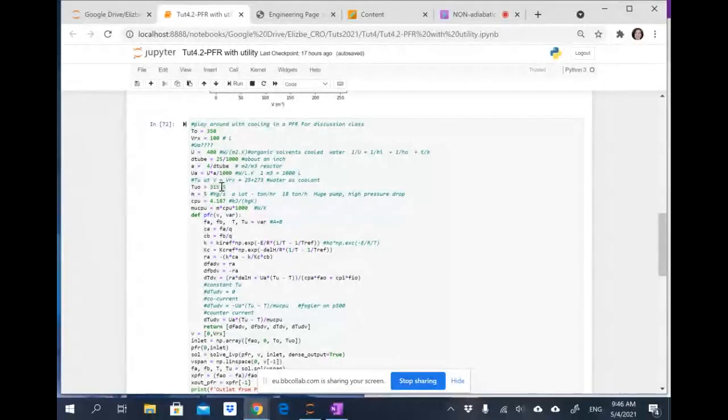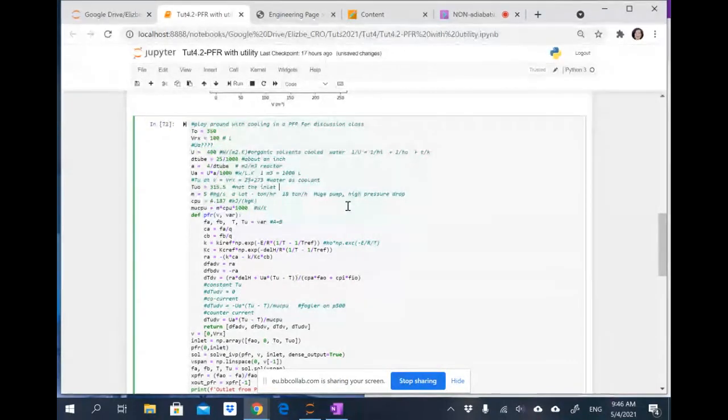So this T naught, TU naught, is not the inlet. Oh, okay. So what is your question then? Your question is, this is the temperature. Sorry, my answer should have been yes. So I am being silly now. This TU naught is not the inlet utility temperature.